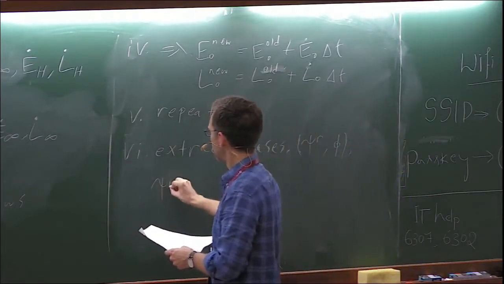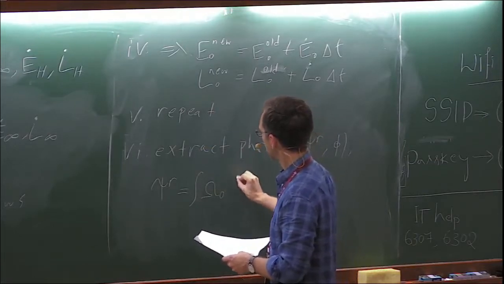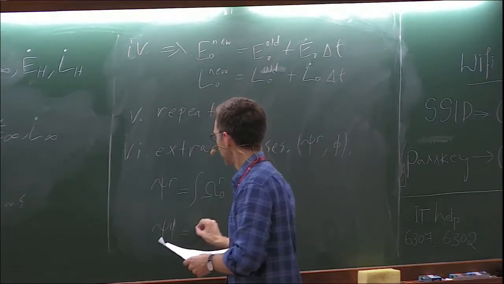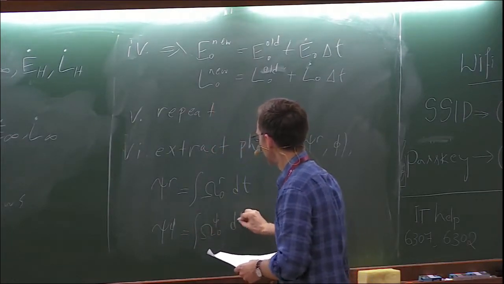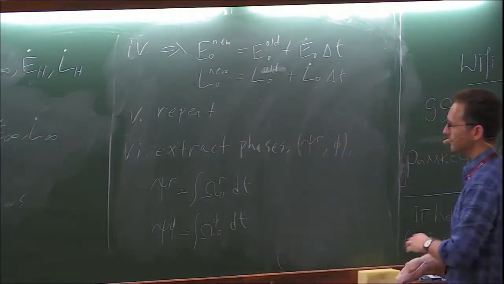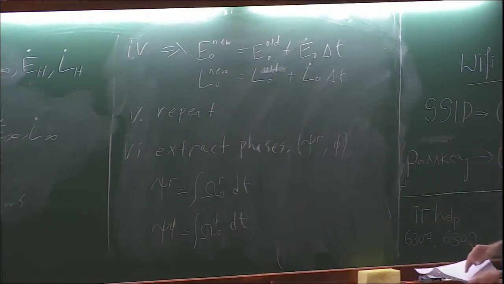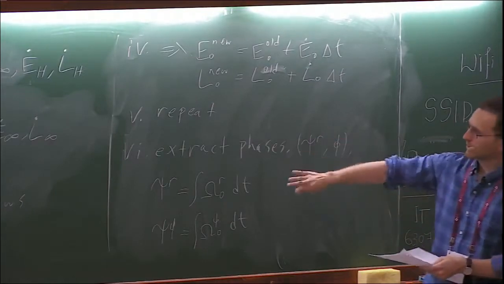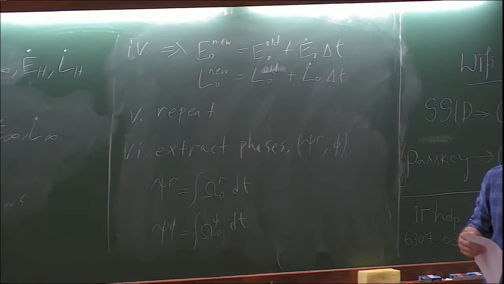Psi r is the integral of omega 0 r dt, and psi phi is the integral of omega 0 phi dt. So this description is exactly equivalent to just doing the two timescale expansion and just keeping everything at leading order. Even though the physical description I've given is somewhat different, it's exactly mathematically equivalent.